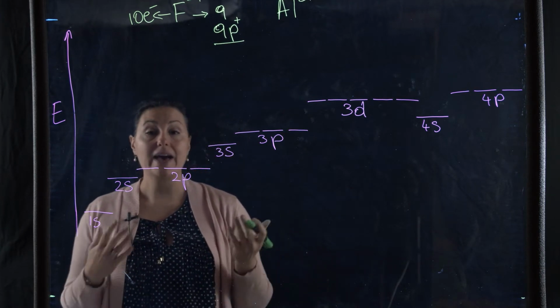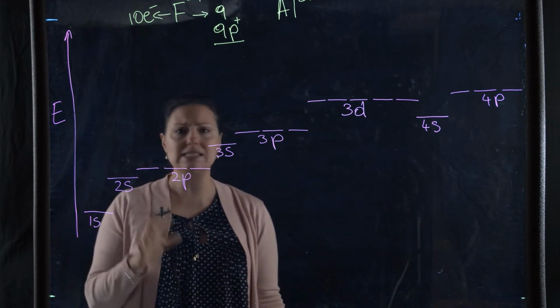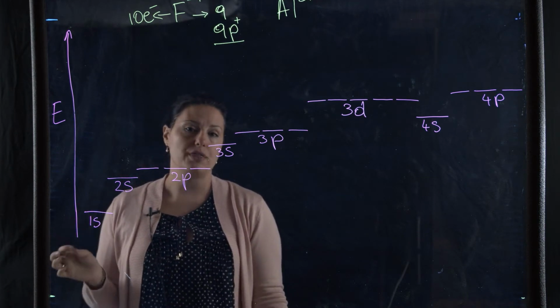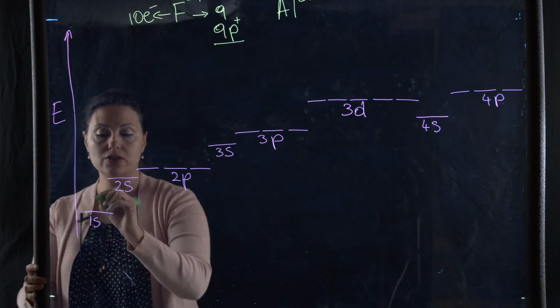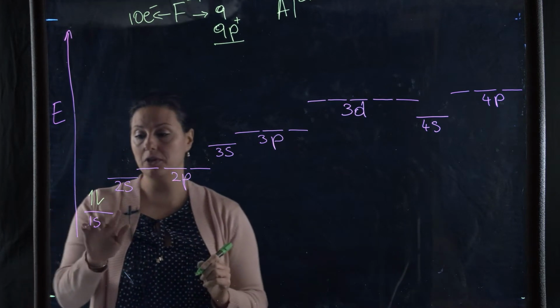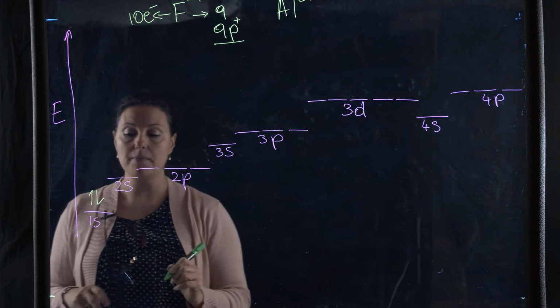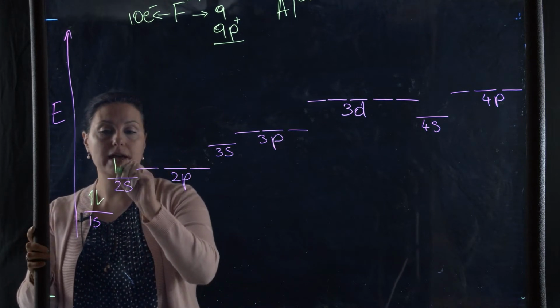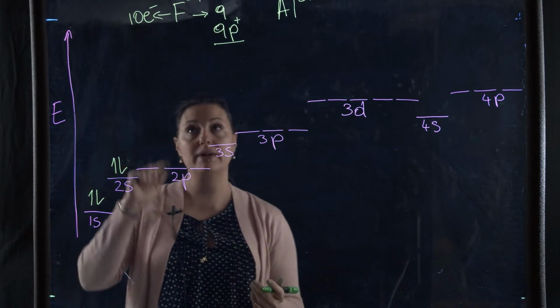So now that I have the correct number of electrons, I can go over here and fill this out, doing exactly like we were for the actual atoms. I start with the lowest energy first, and I have to fill both of these, so I put 2 electrons in there to pair it up. And then I do the same for S. That's 2. I have used 4 of my 10.